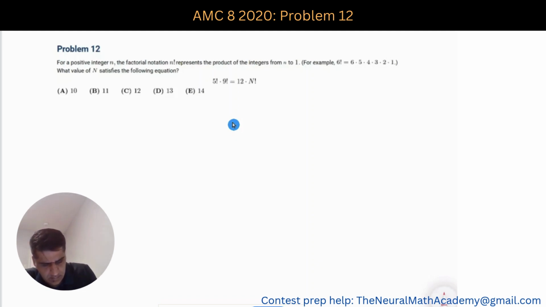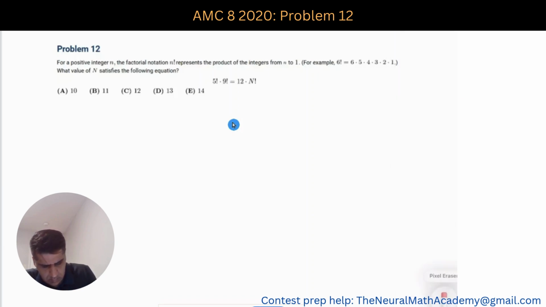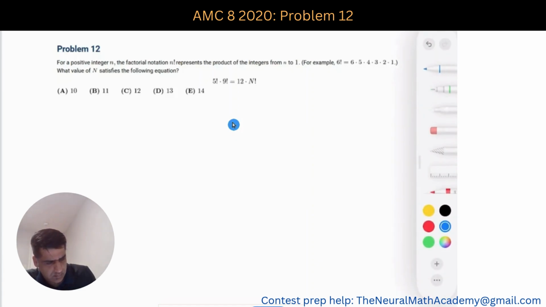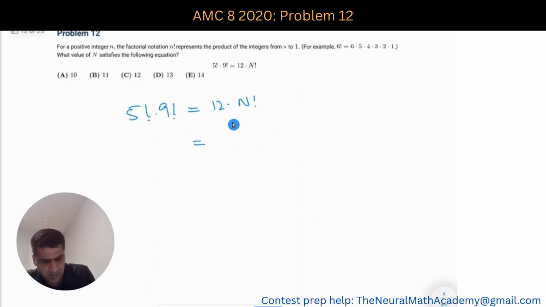So let's solve it. We are given 5 factorial times 9 factorial equal to 12 times n factorial. So what we can do in this problem, we can expand 5 factorial so as to make it equal to 12.